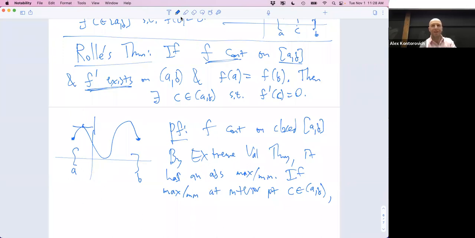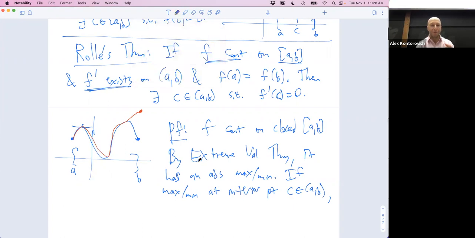It could be that we have something like this where the absolute max is at b. So if I have some max or min that's an absolute max or min at an interior point, that would be something like this at an interior point c. Then this is also a local max or min.